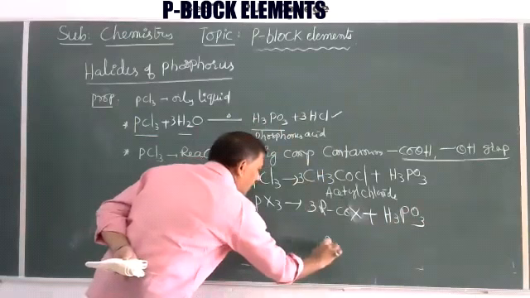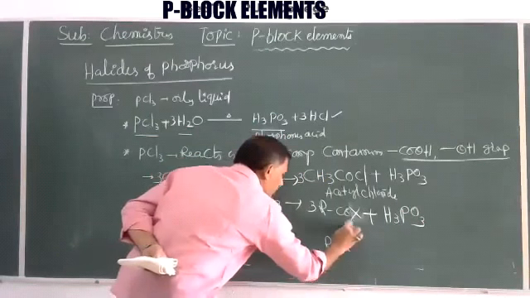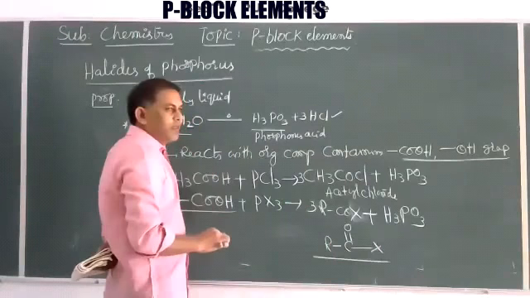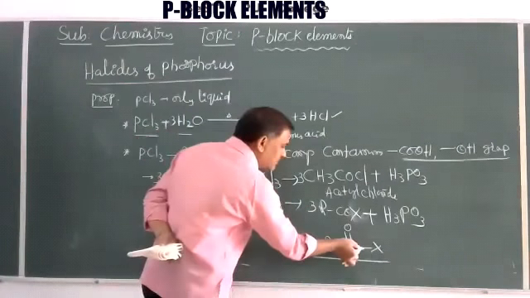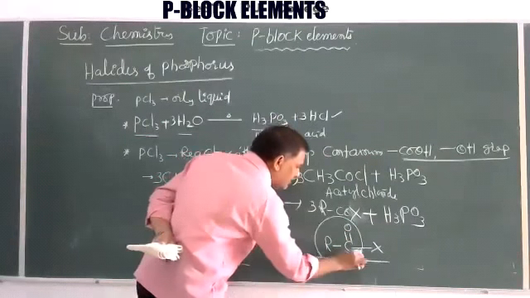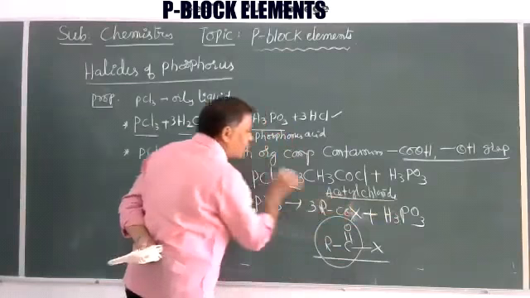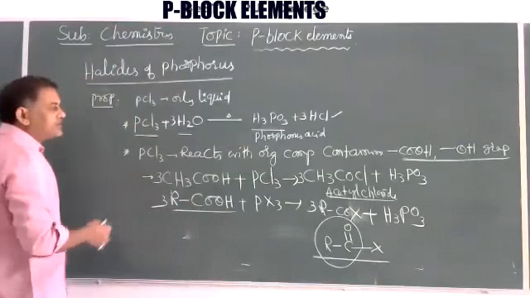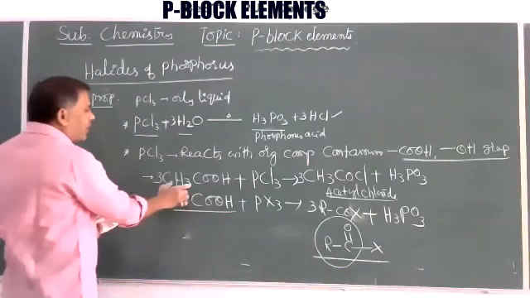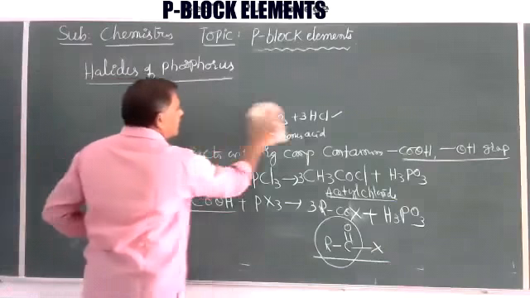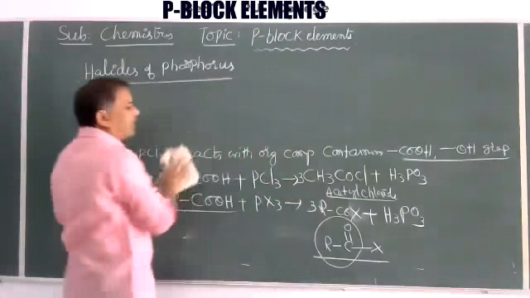This is R bond C double bond O bond X, acetyl chloride. In first year, based on this Friedel-Crafts alkylation and Friedel-Crafts acylation, we can use acetyl chloride, CH3COCl.